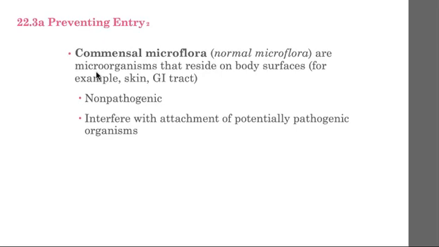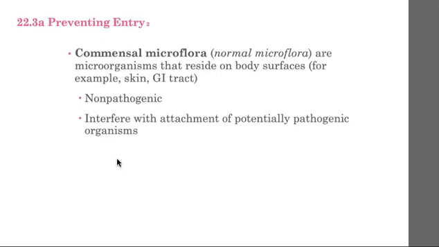And this is essential for our immune health. In fact, we have trillions of commensal microorganisms, which is 10 times more than the cells that we have within our body. We are basically taking up real estate within our body by having these microorganisms in place.